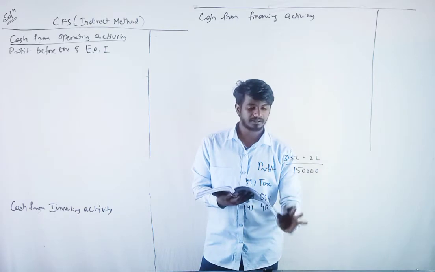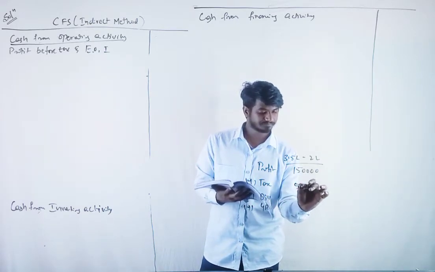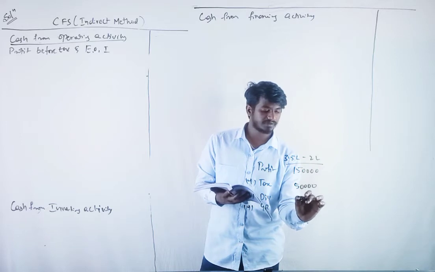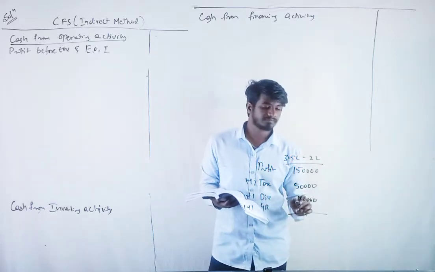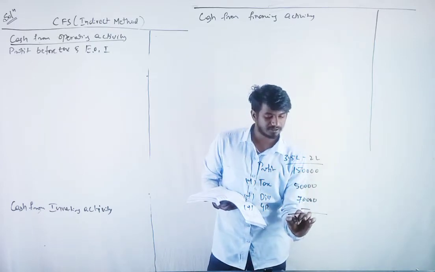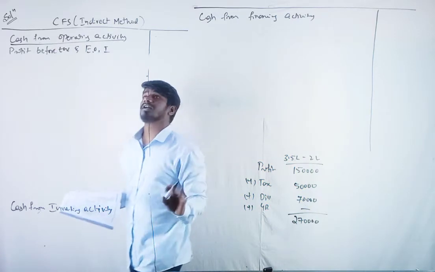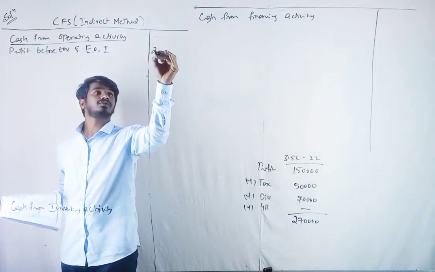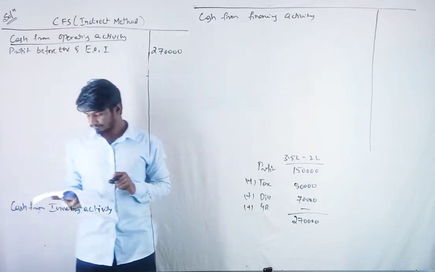We will add that tax amount. 50,000 is the tax, 70,000 is the dividend. General reserve they didn't give. Okay, 2,70,000. Profit before tax and extraordinary item, 2,70,000. Fine.